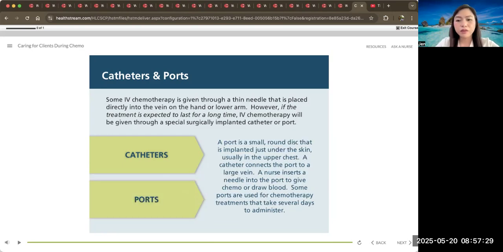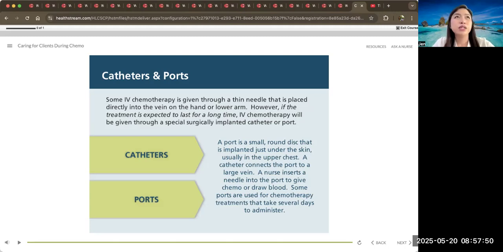Ports. A port is a small round disc that is implanted just under the skin, usually in the upper chest. A catheter connects the port into a large vein. A nurse inserts a needle into the port to give chemo or draw blood.